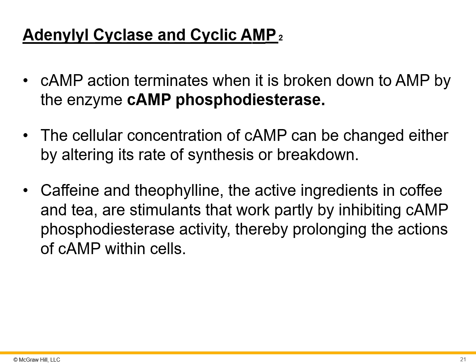So if the action is to phosphorylate proteins and to cause a cellular response, then caffeine coming in and not allowing the enzyme that would break down the cAMP within the cell allows that process to be heightened and to continue on and get a cellular response that is ongoing.